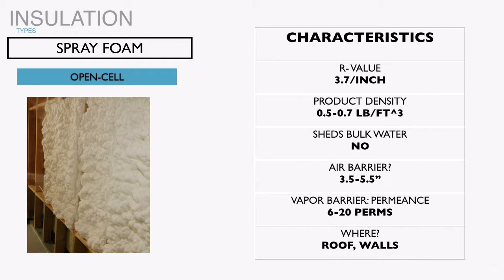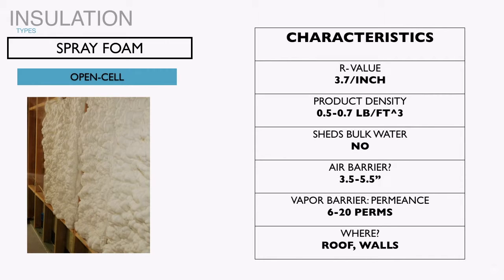It's generally on the order of a 3.7 R value per inch. The product density, again, this is a low density polyurethane spray foam, is generally half a pound per cubic foot. You sometimes hear it referred to as half pound spray foam. That's where that comes from.